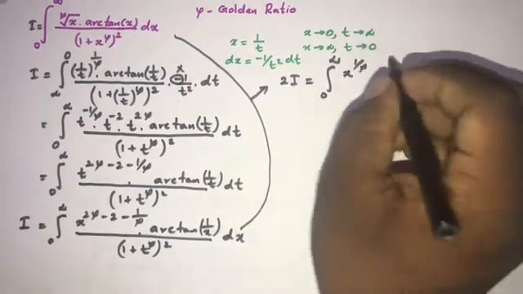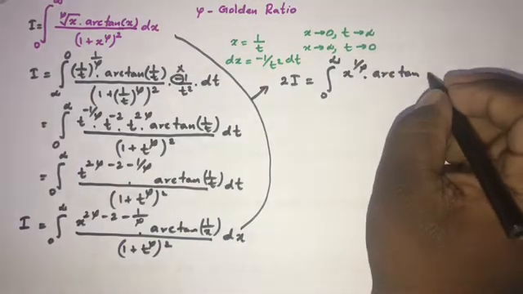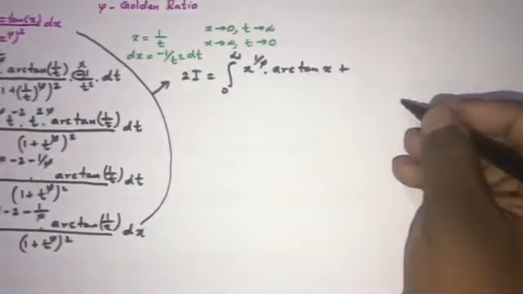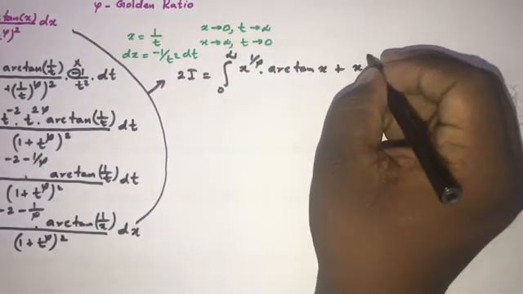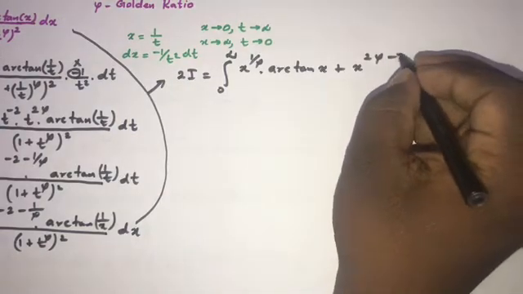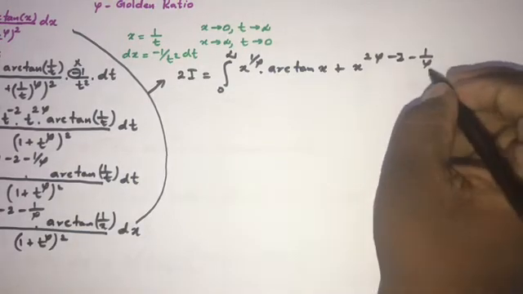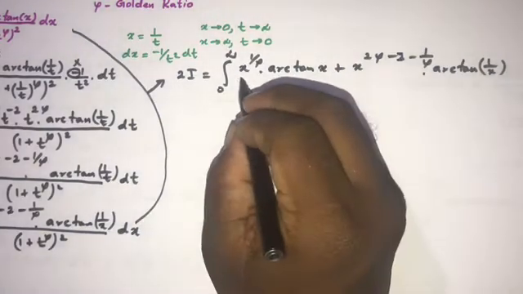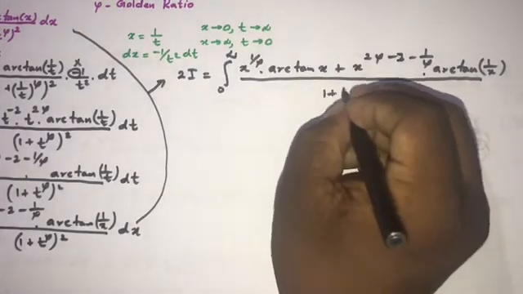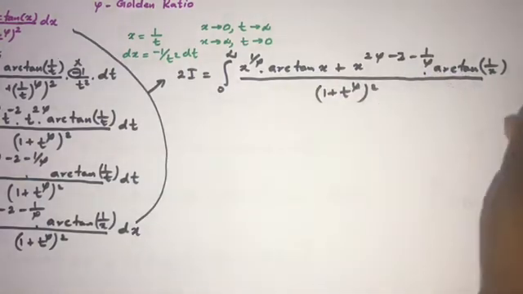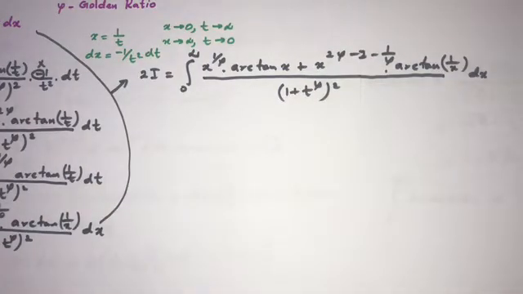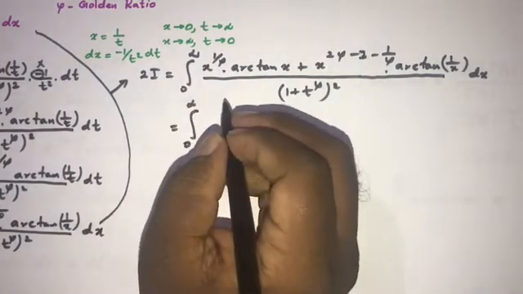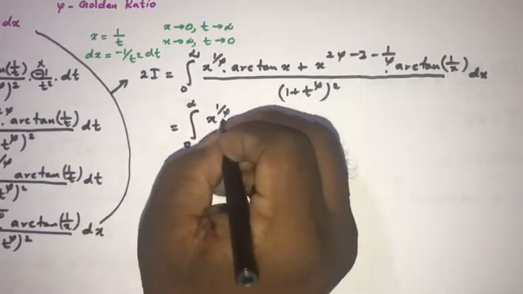Here x raised to the 1 over φ power, arctan of x, the denominator the same, plus x raised to the 2φ minus 2 minus 1 over φ, arctan of 1 over x, in the denominator 1 plus x raised to the φ squared, dx. Okay, then 0 to infinity. Now we can take x raised to the 1 over φ as a common factor.